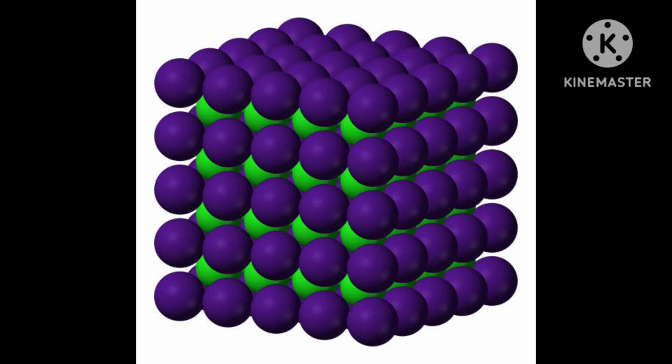Crystalline is a true solid, and amorphous is a pseudo solid or supercooled liquid. This particular question is asked about the amorphous. The example is glass, which is a supercooled liquid.